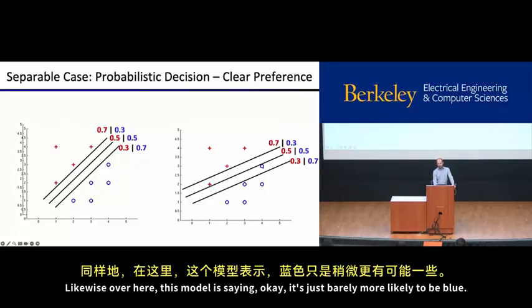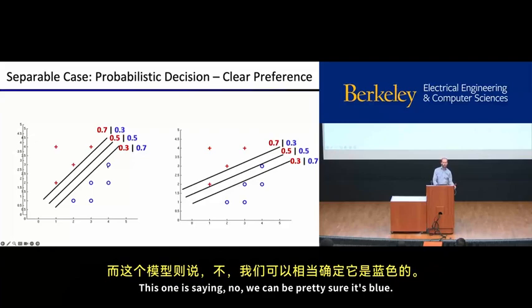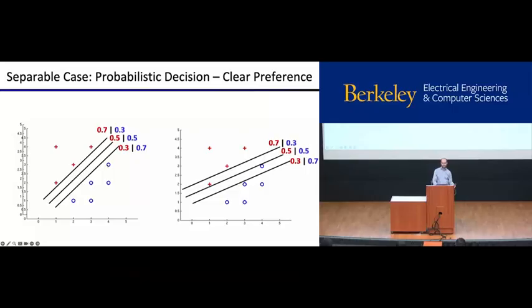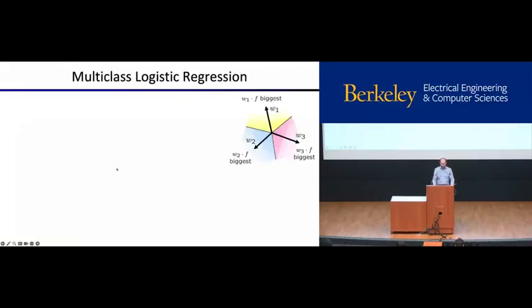Likewise over here, this model is saying, okay, it's just barely more likely to be blue. This one is saying, no, we can be pretty sure it's blue. This is pretty far from our decision boundary.